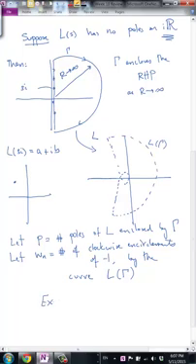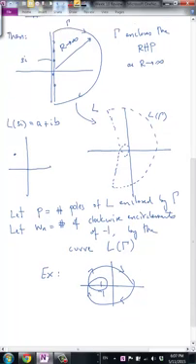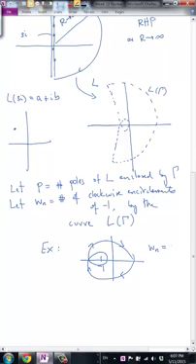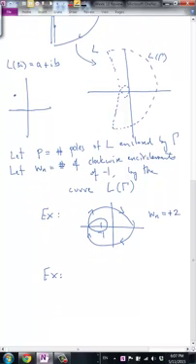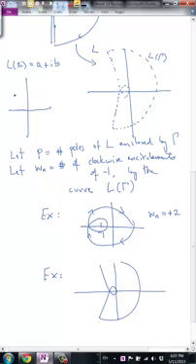So, for example, if this is -1 and our curve looks like this and it's oriented in this way, then Wn would equal positive 2. As another example, again, what I'm drawing is L of gamma.